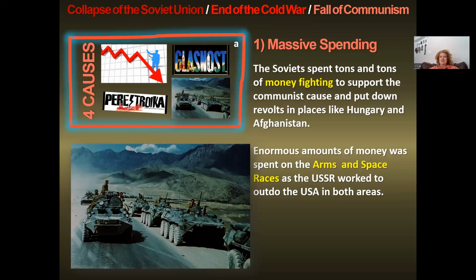The Soviets spent a ton of money fighting to support the communist cause. When we last left communism, it was spreading to about 1/3 of the globe. That took a lot of money, in order to support the communist cause and to put down revolts in places like Hungary and Afghanistan.